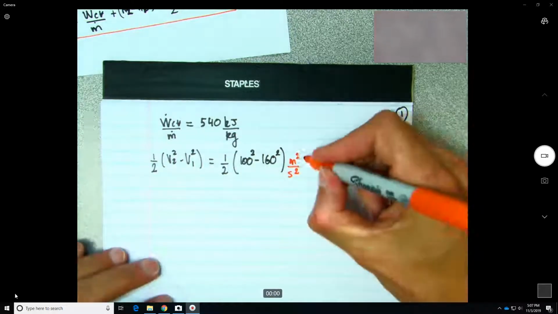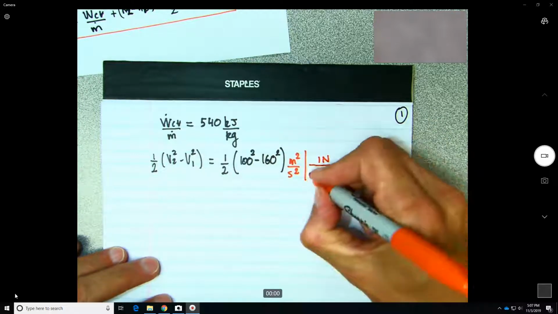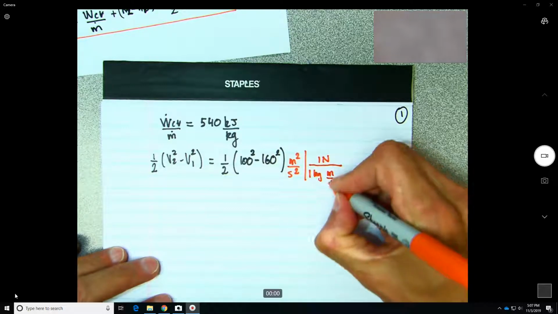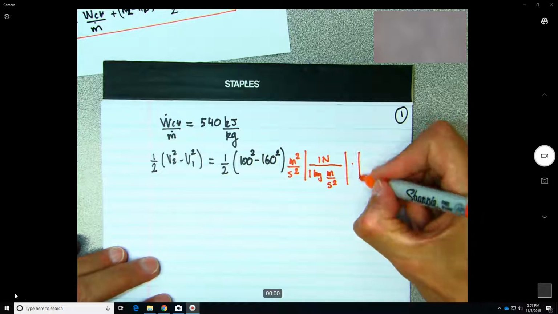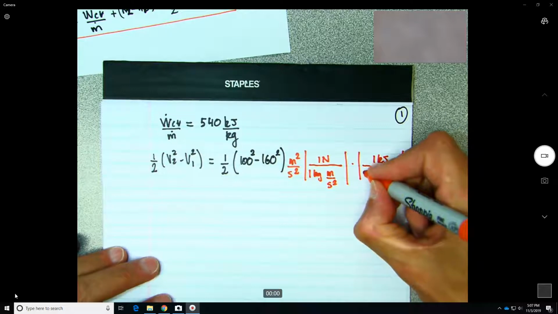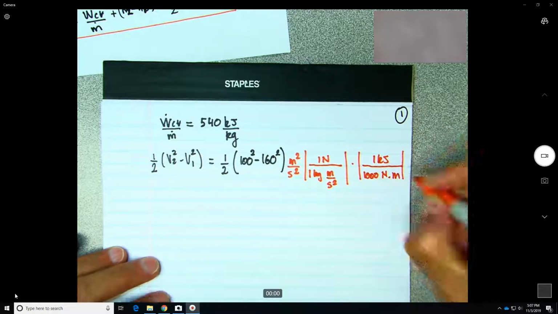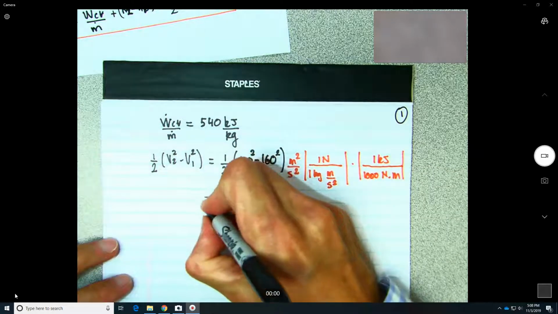We're going to need some minor unit transformation here: 1 newton equals 1 kilogram meter per second squared, and this is important, 1 kilojoule equals 1000 newton meters.